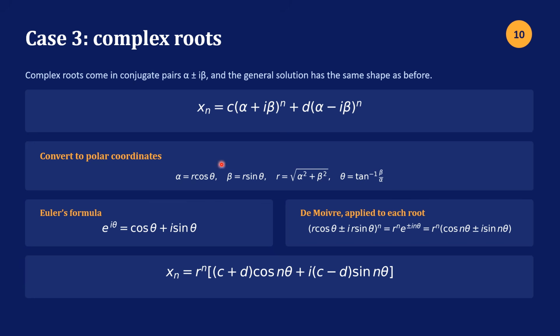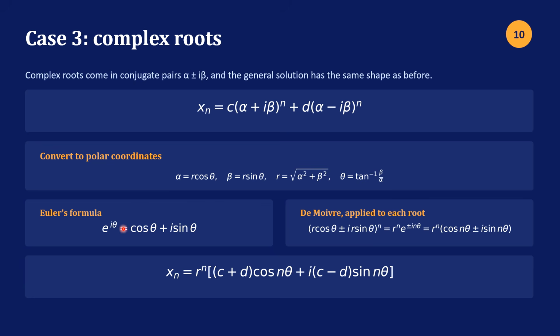Okay, then we plug that back into here, and so we're going to get things like r cosine theta plus or minus i r times sine theta. The plus is for the first one here, and then the minus is for this one. And then we have an identity from Euler's formula. So what's inside of here is e to the i theta or e to the minus i theta.